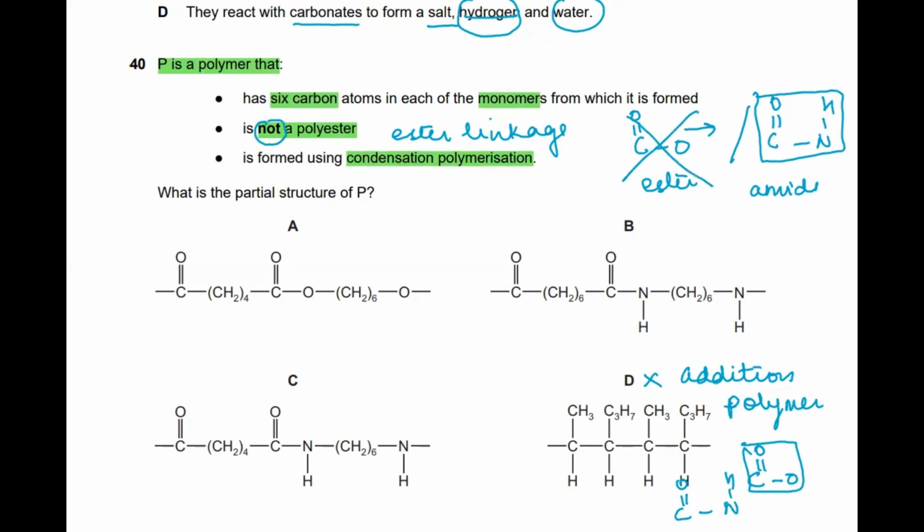If this is not present, then it must be an amide linkage. So D is an addition polymer without an amide linkage in it. This is your ester linkage, so it's not the polymer with the ester linkage. So again, A is incorrect.